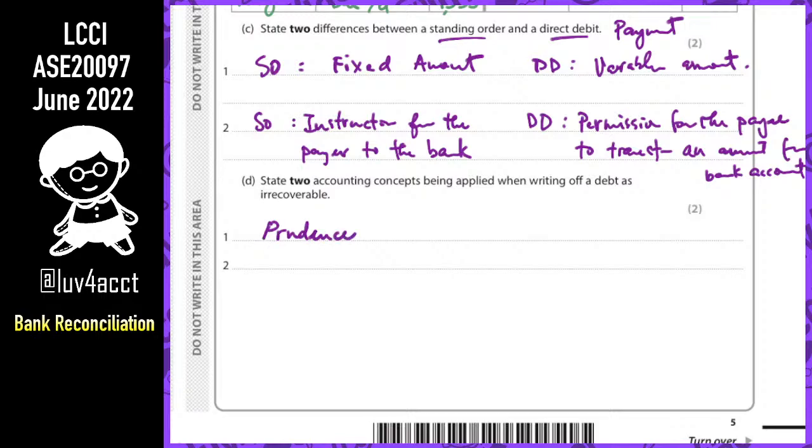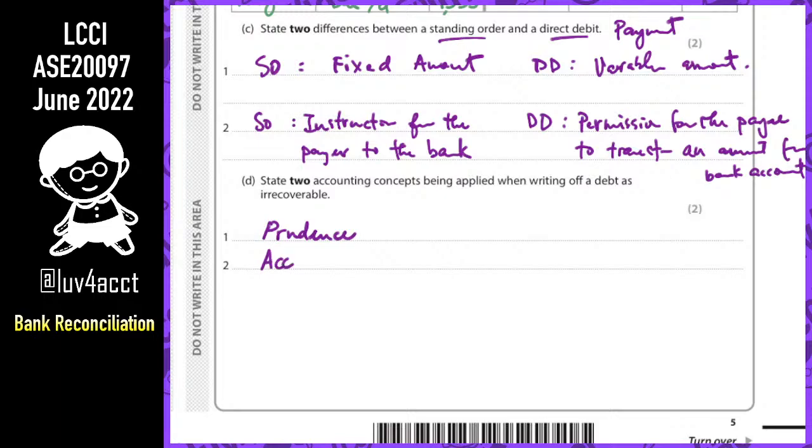It is possible that you cannot get the amount from your trade receivables. So if there is a possibility of a loss, then you have to record it immediately. But if there is a possibility of a gain, then you will not record. Okay, so next one.